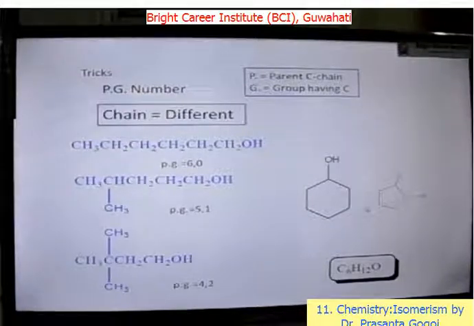So their PG number should be 6, 0. In the other example, counting from this group 1, 2, 3, 4 and 5, one carbon substituent is present, so the PG number should be 5 and 1. So these two PG numbers are different, so they are considered as chain isomers.